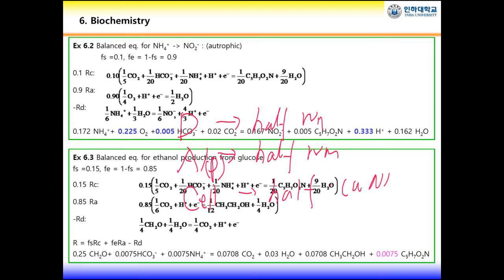Usually it's ammonia, but if there's no ammonia, you may use nitrate or nitrite too. And if you know these three, and in addition if you know the Fs values, what amount of electron goes for the cell synthesis, then you can write the balanced equation for biological reactions.